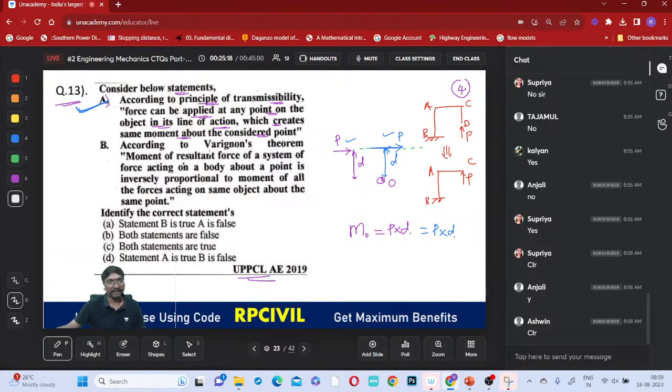First statement is correct. Second statement, if you just observe: according to Varignon's theorem, the moment of the resultant force of a system of forces acting on a body about a point is inversely proportional to the moment of all the forces acting on the same object about the same point. Can anyone tell me what is Varignon's theorem?